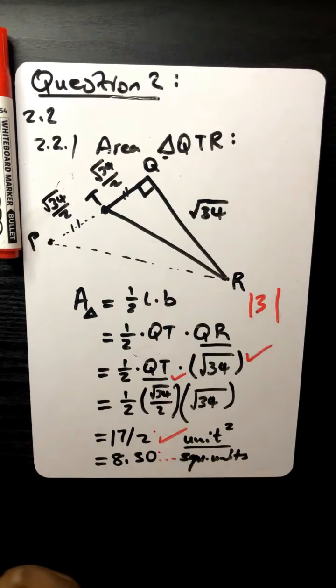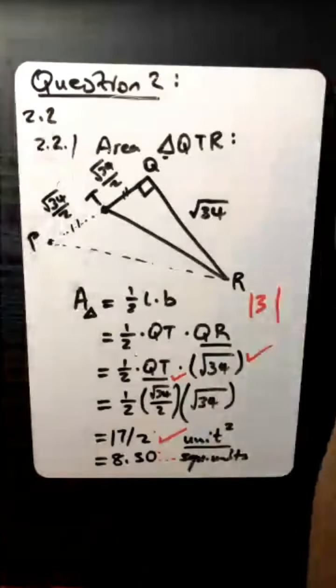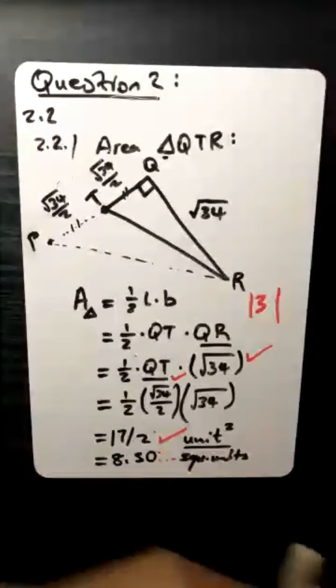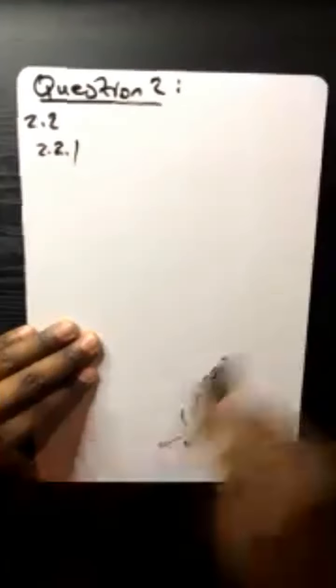So that's how you score yourself 3 marks. Guys, did that make sense to everyone? Are you happy with that? Yes, sir. Okay, 100%. So let me just remove all of these, and then move to the next question.